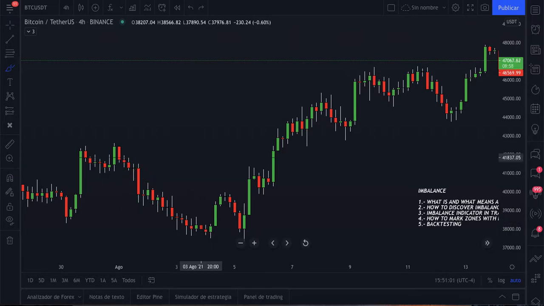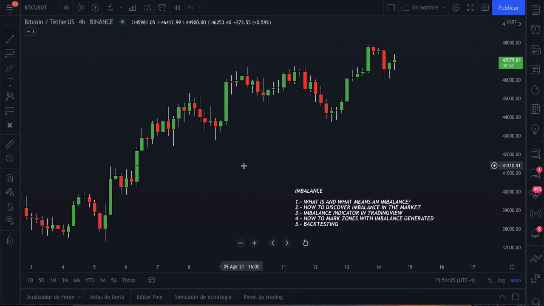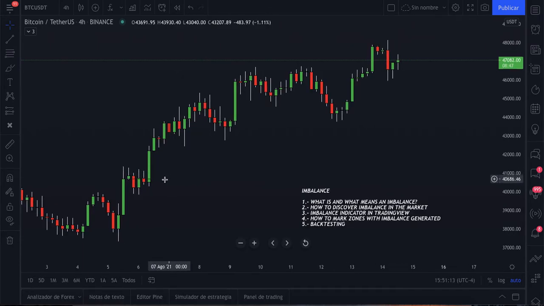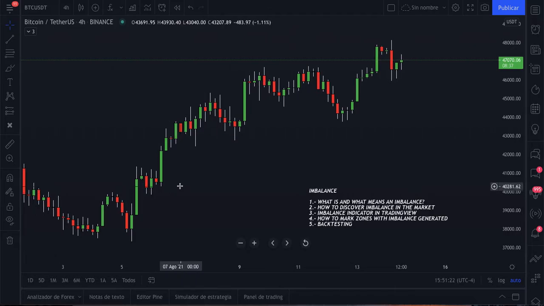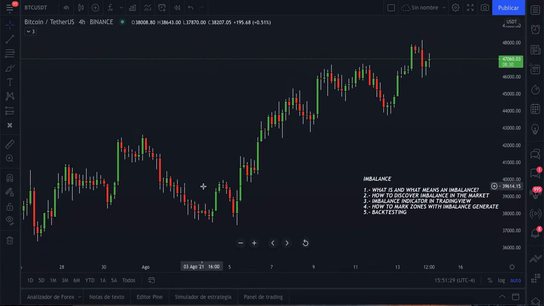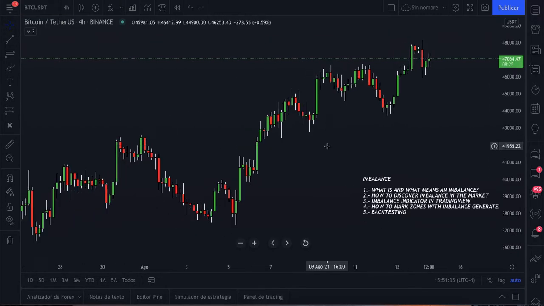So one of the things that really matters is to understand that the market usually is really efficient between buyers and sellers, but there are some moments when the market creates imbalance, creates an explosion of the price for any reason, and that's the point that we will keep an eye on. Okay, so basically that's an imbalance, and that's what it means.